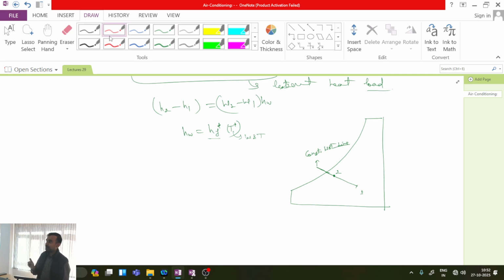If water is supplied at a temperature greater than wet bulb temperature, then what will happen? It should have a slightly higher slope. If water is supplied at a temperature less than wet bulb temperature, then it will have a lower slope. So the temperature of the water we are adding significantly controls the process happening during the addition of moisture content. Is this one clear? Are all clear with this idea?